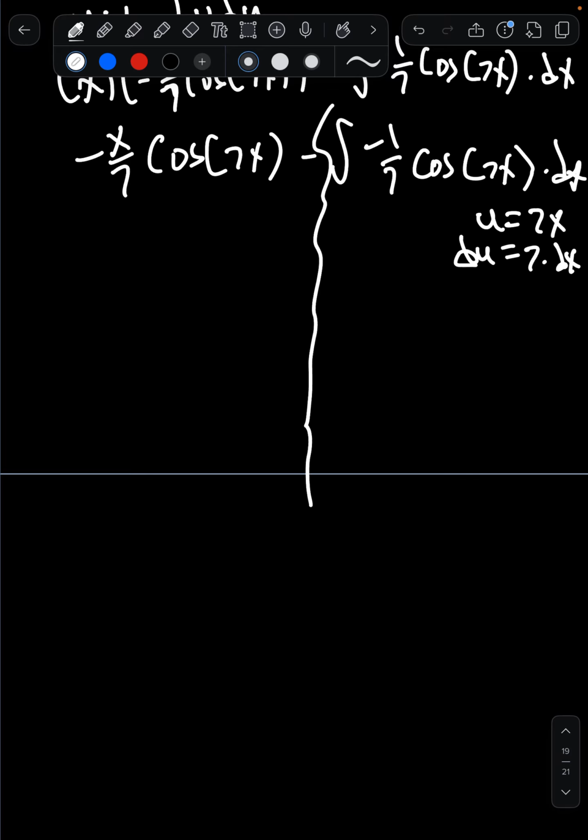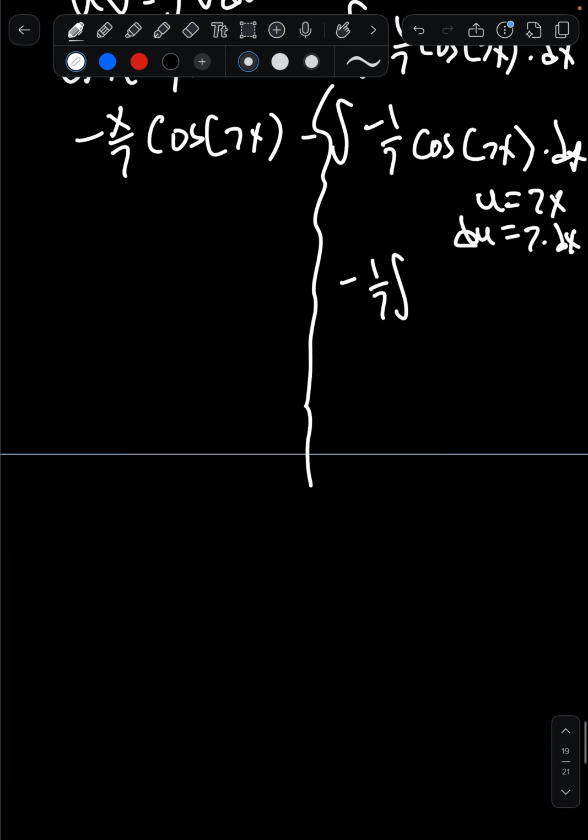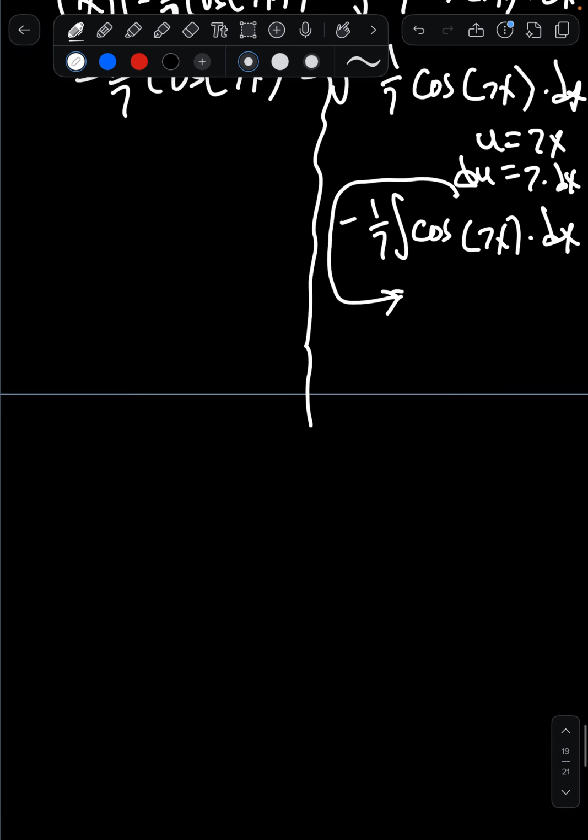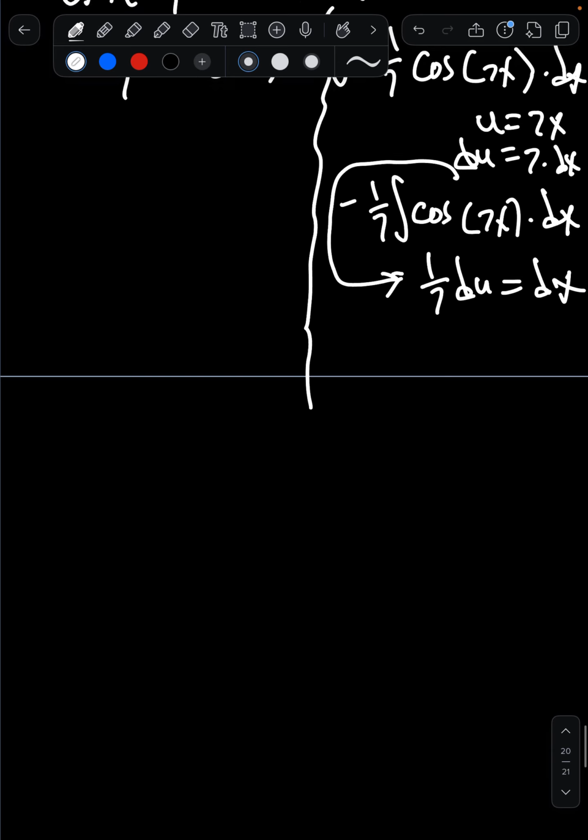That is just a constant that can be brought out of the integral completely to make it negative 1 over 7 times the integral of cosine of 7x times dx. Now, let's take this du down. We can move the 7 to the other side by doing 1 over 7 du equals dx. Now we have dx by itself, and that's what we wanted.